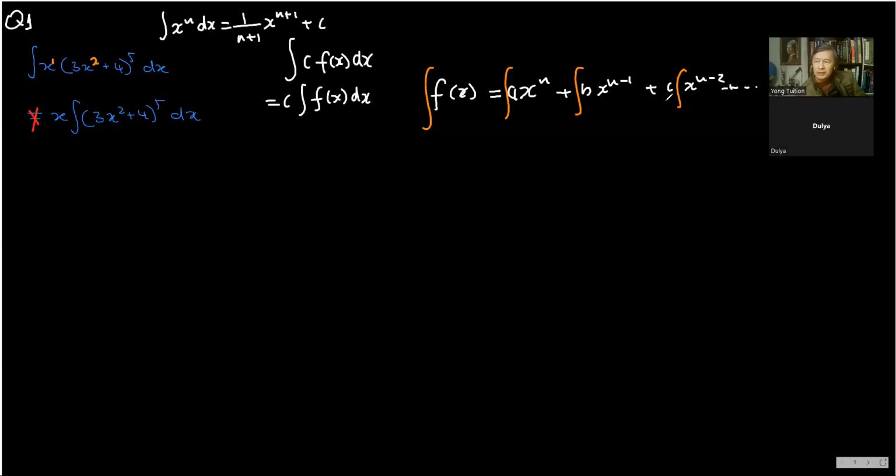Can we just do some substitution to simplify this question? Yes, I think so. You can draw your attention to the bracket, okay? Whenever you see the bracket, how can we simplify this bracket in this expression?